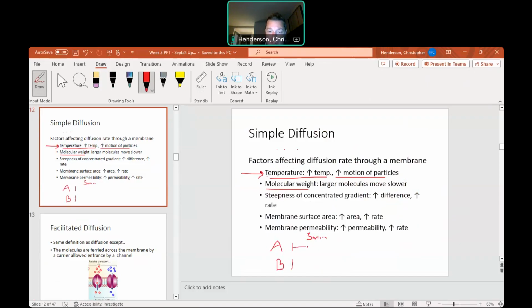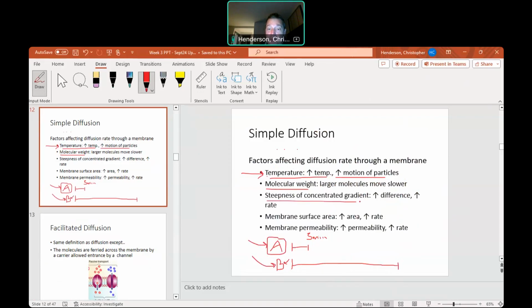We come back 5 minutes later, and A is here, and B is all the way over here. Which one is the larger molecule? We would say that A is the larger molecule. Why? Because look how slow it was. It took forever just to get right here in the same time that B got down here. You can think this is like an offensive lineman running here, and this is like a speedy running back. Who's going to run faster? The smaller guy.